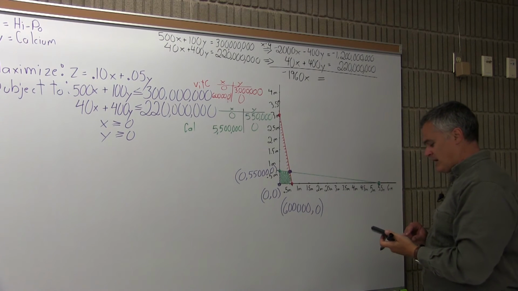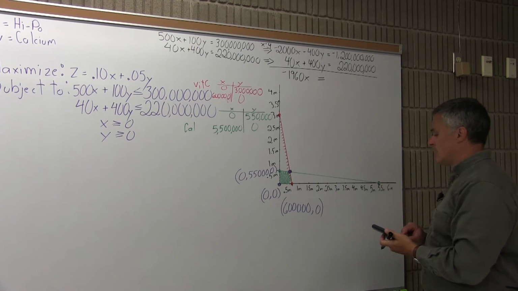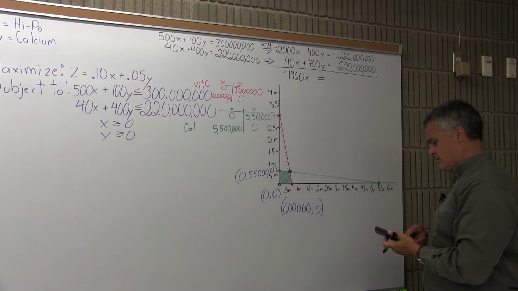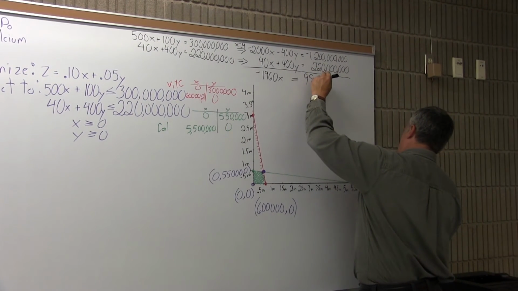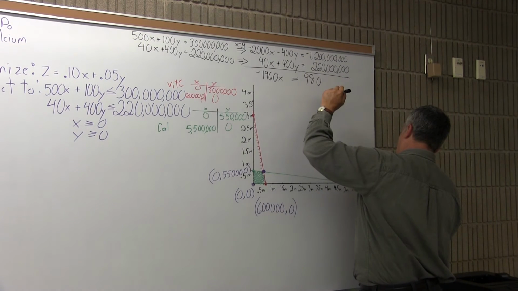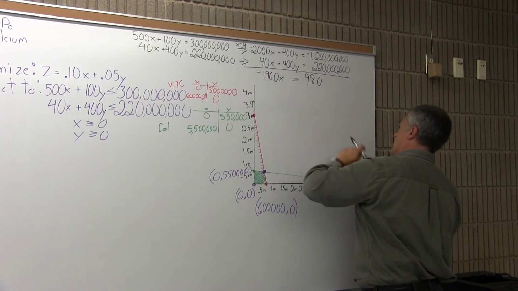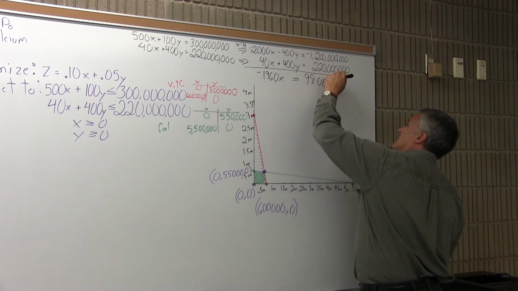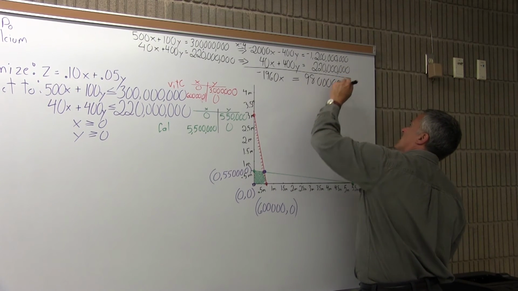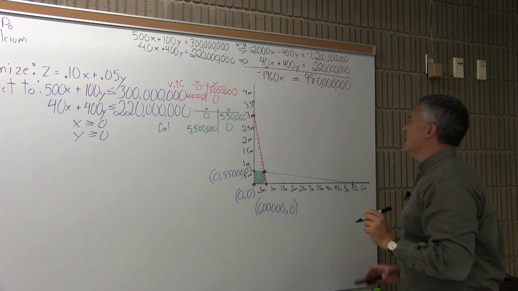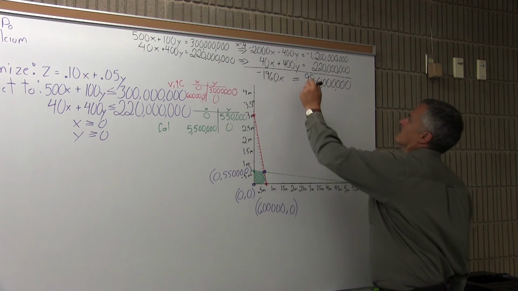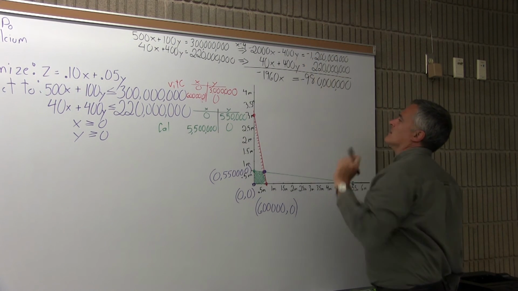Again, I will do that on my calculator. So the calculator says it's 9, 8, and 7 zeros. $980 million. And it's negative, because the bigger number was negative.